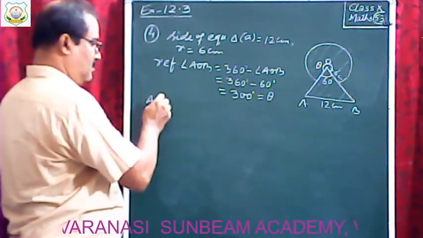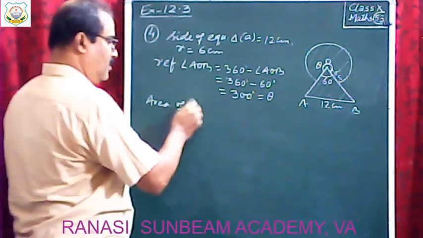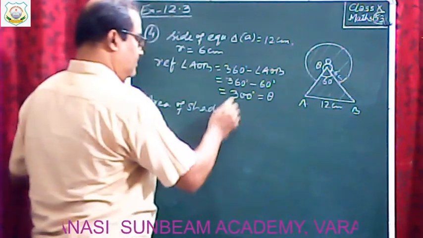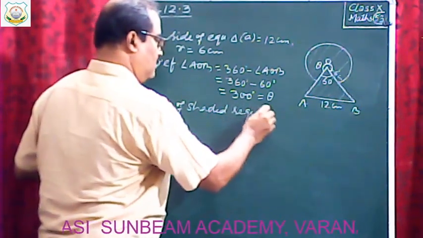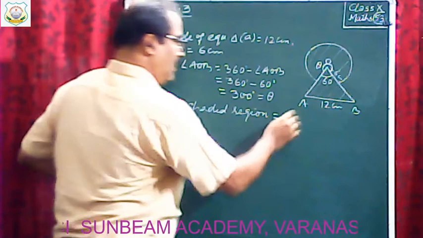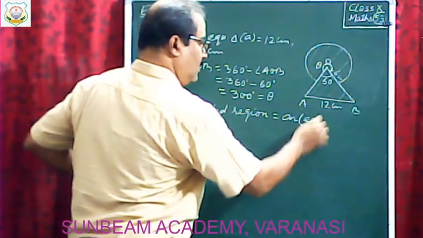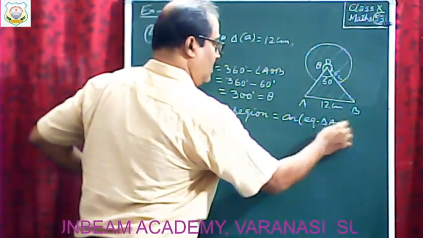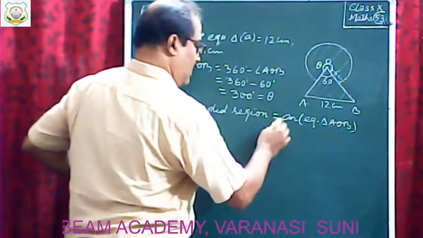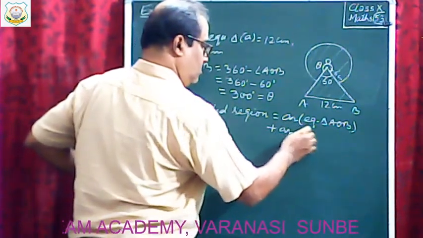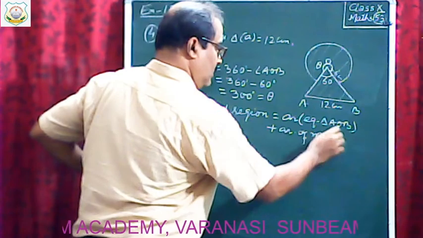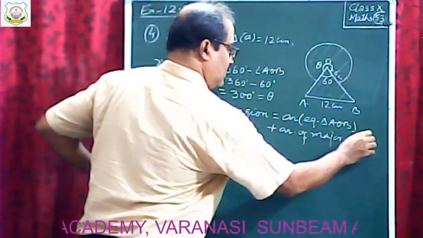Area of shaded region equals area of equilateral triangle AOB plus area of major sector.